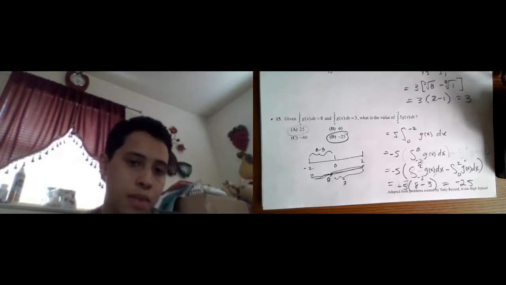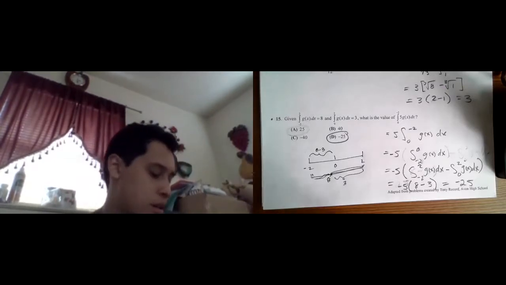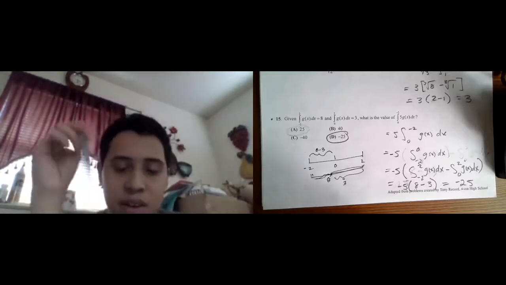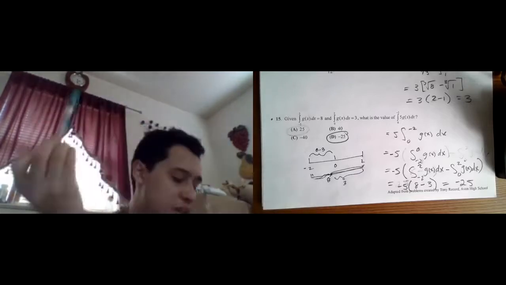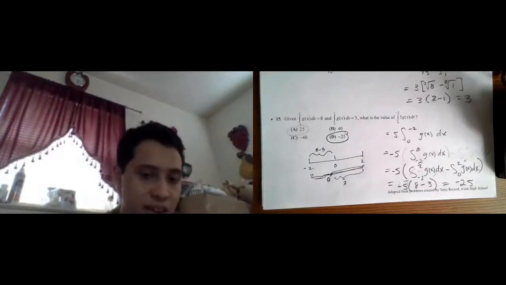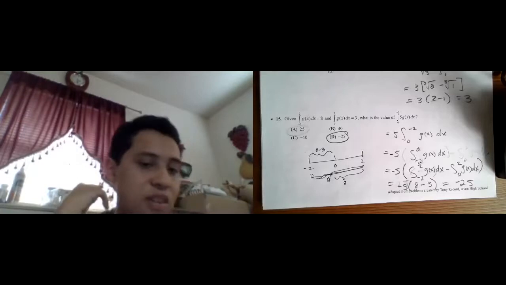So what tripped you up on that one? I think it was the 5. I knew my answer was going to be negative, since I flipped it from -2 to 0. And I did get a negative number, but I think I multiplied my 5. You factor it out, I think I kept it in, which is why I got -4 instead of -25.